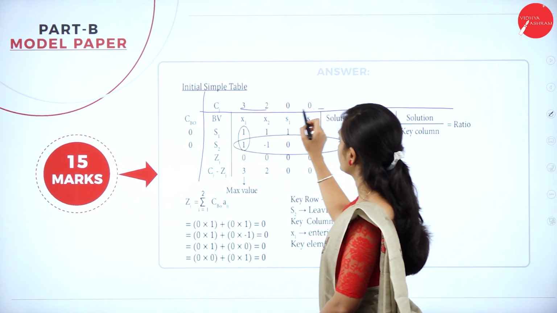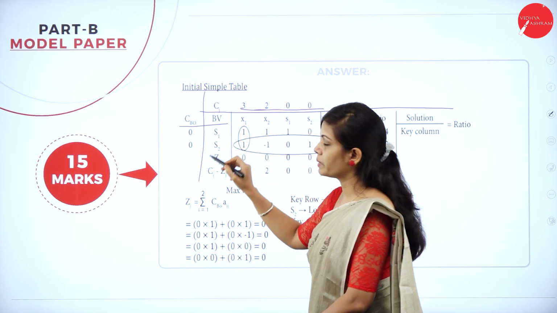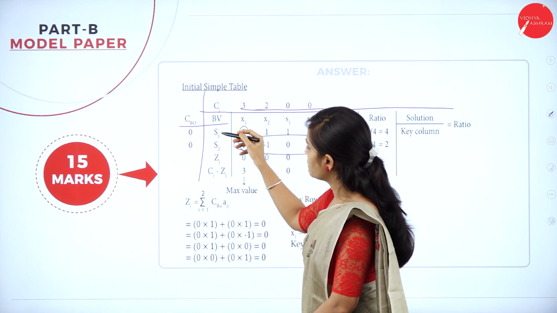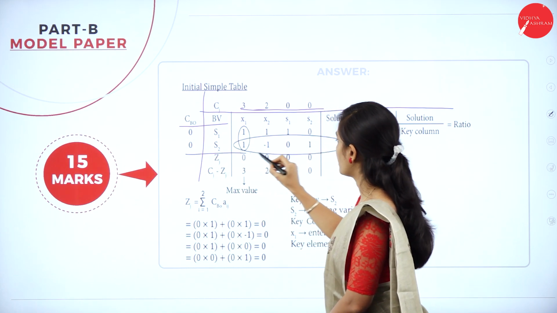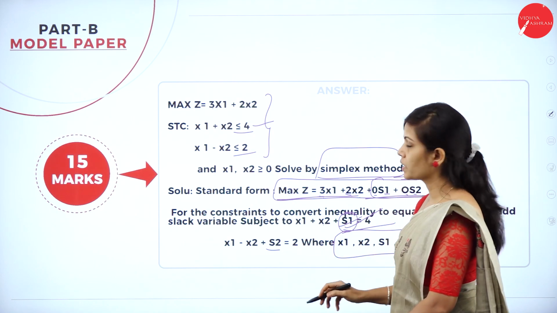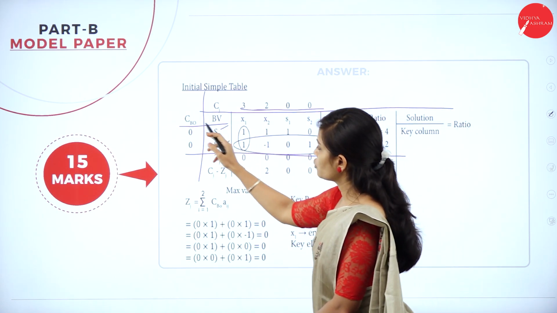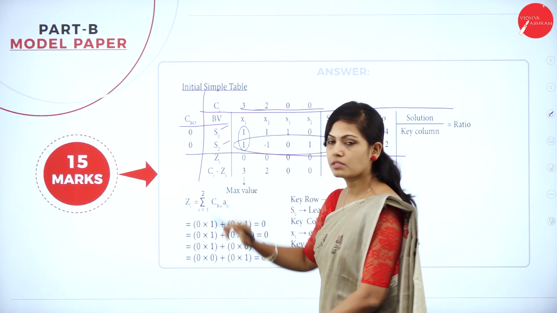You have to write that in the first row. The second is the coefficient of basic variables and the basic variables. How many basic variables have been added here? Slack variable 1 and slack variable 2. That is your basic variable in every problem. The coefficient of the basic variables is 0 and 0.